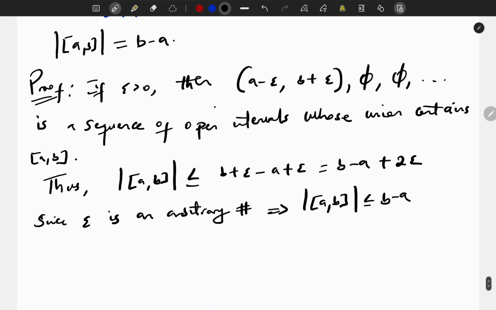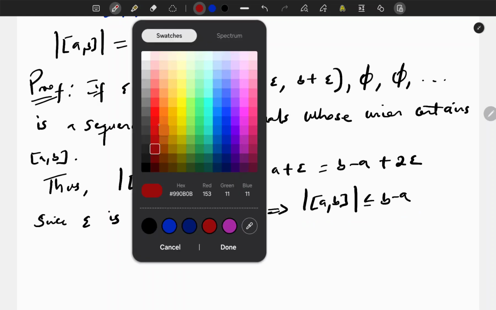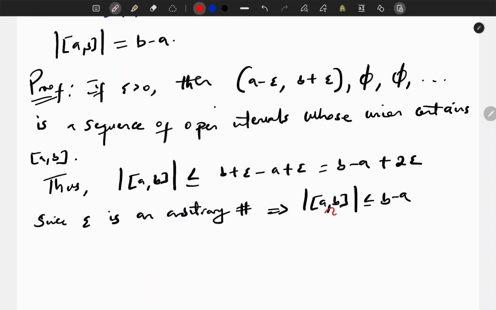So this direction is very easy and a nice one, but to prove the other direction is not quite easy.